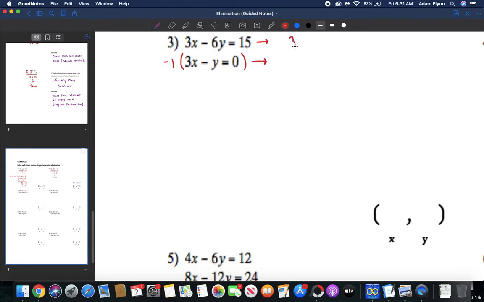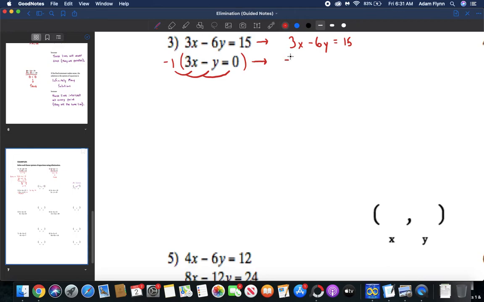I'll rewrite my two equations over here. So my top equation isn't going to change. I've got 3x minus 6y equals 15. For my bottom equation, I will distribute negative 1 to everything inside the parentheses.